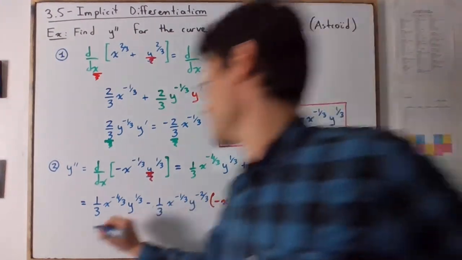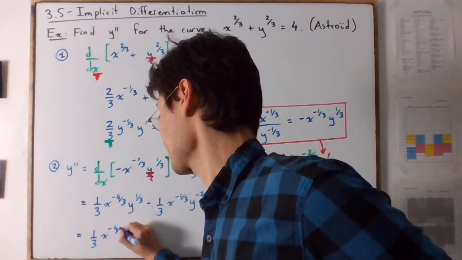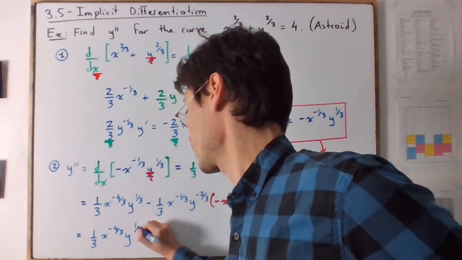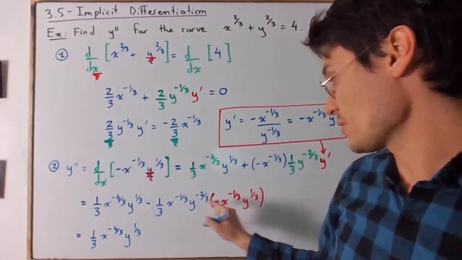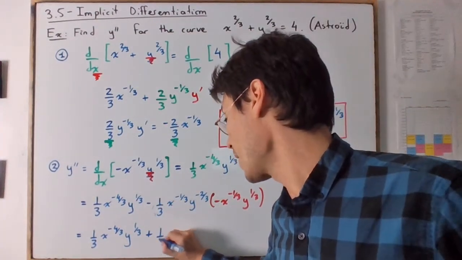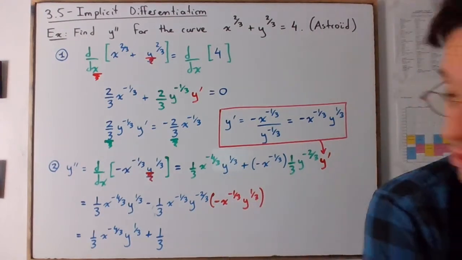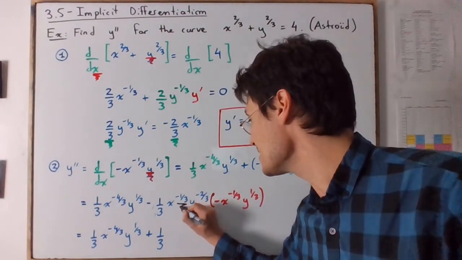So, okay, I don't touch this. But here, okay, so negative times a negative will give you a positive. So positive 1/3. Then you add up the exponents. So just a little bit of color so that you can see this clearly.